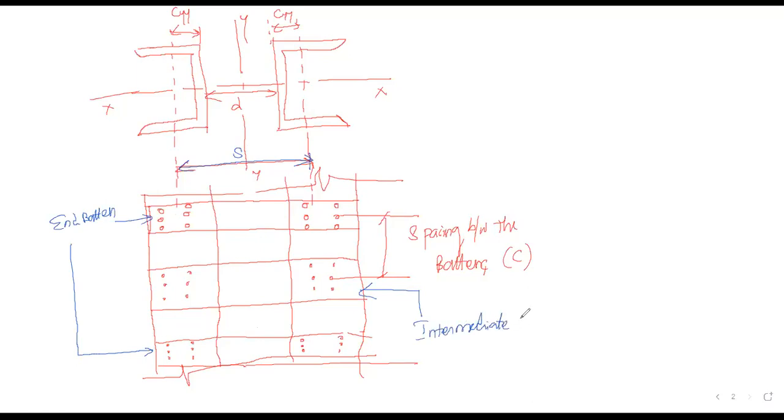So as per IS 800-2007, minimum 3 battens are required.